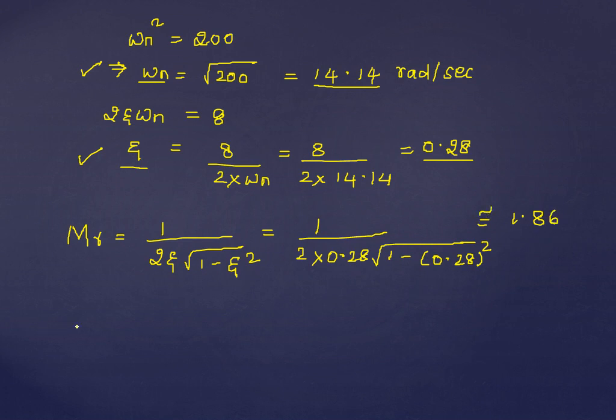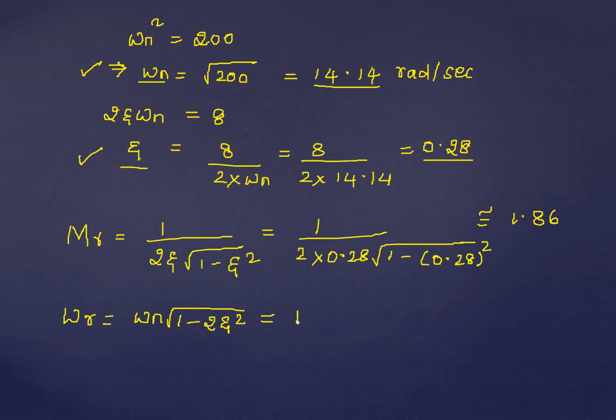And next calculate the omega r value. The omega r formula is omega n, that is natural frequency, multiplied with square root of 1 minus 2 zeta square. Substitute omega n and zeta values.